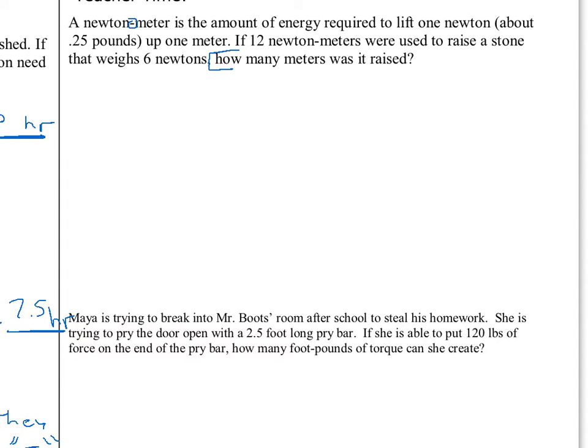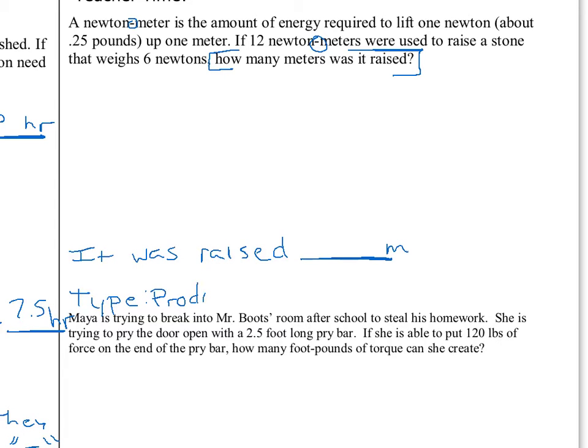How many meters was it raised? It was raised blank meters. So I definitely see that hyphen, so this type of problem is going to be a product measure. And the information given to me here is 12 Newton meters.